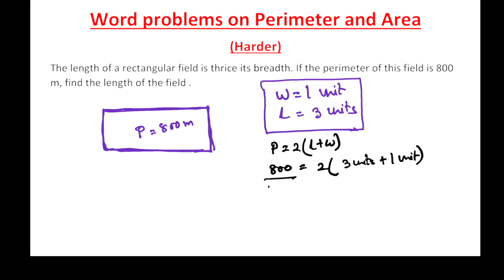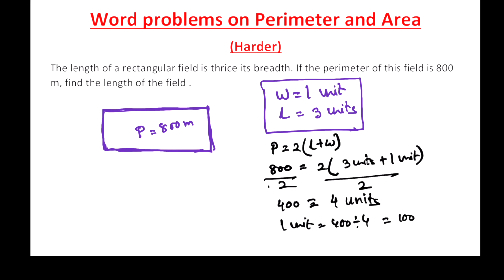So if I divide both sides by 2, 400 is equal to 3 plus 1, equal to 4 units. Then 1 unit will be 400 divided by 4, which is 100.